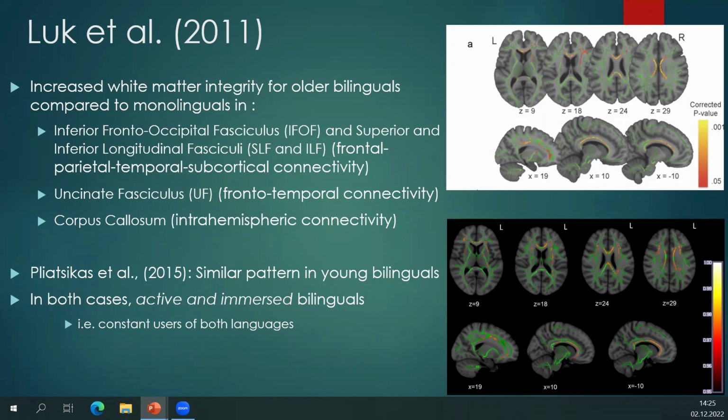So connectivity between different parts of the brain. The uncinate fasciculus, which also provides some connectivity on one side of the brain only, and the corpus callosum, which is the main part of white matter that provides connectivity across the hemispheres. So for all these tracts, all the bilinguals had better integrity than all the monolinguals.